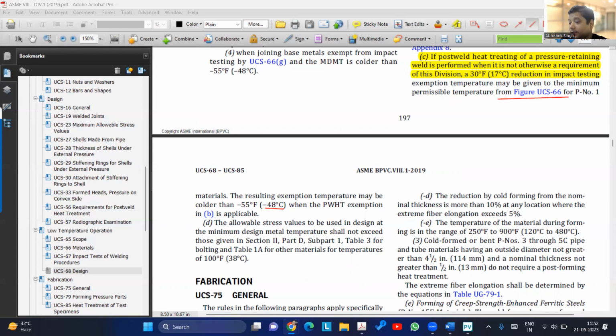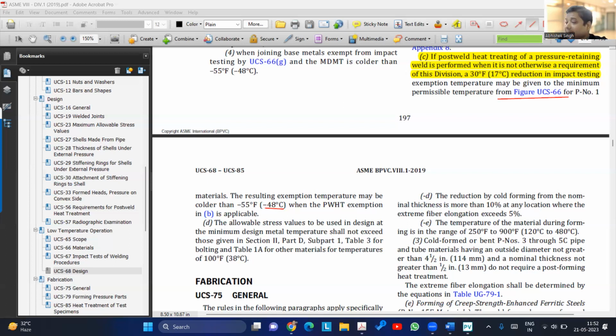Great. So Jagdish is asking the next question. It is about UW12. He is asking about one seamless pipe welded with two seamless torispherical heads, both ends, circumferential joint with backing ring remaining in place.